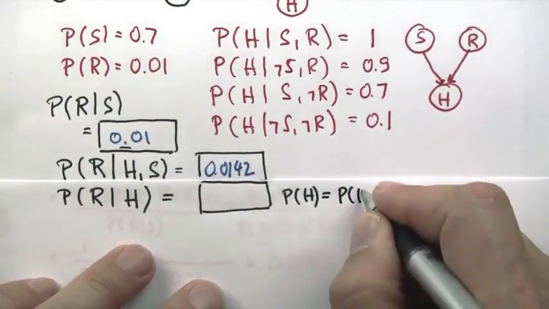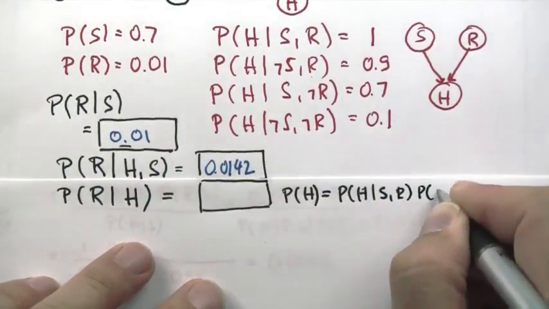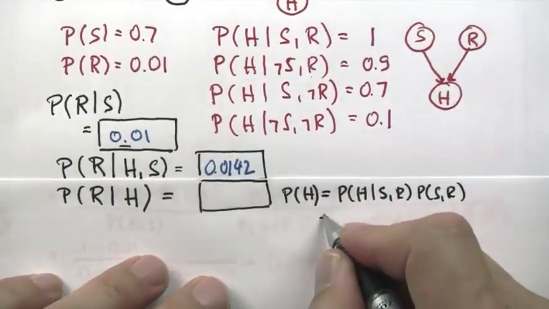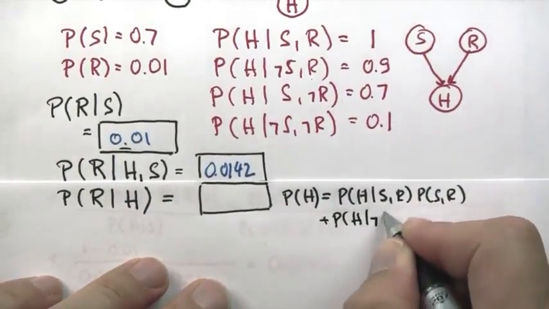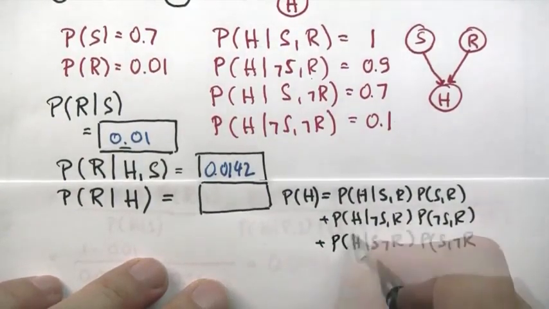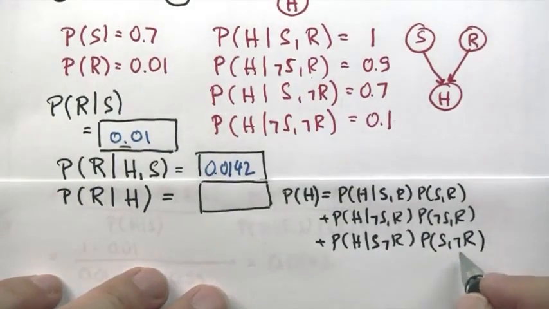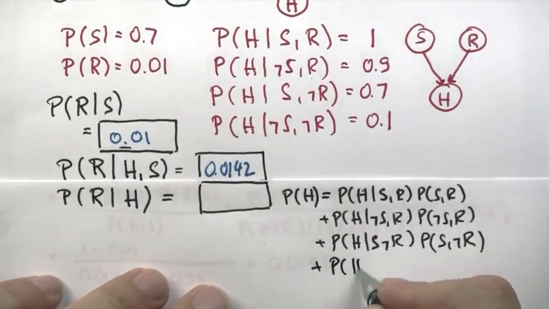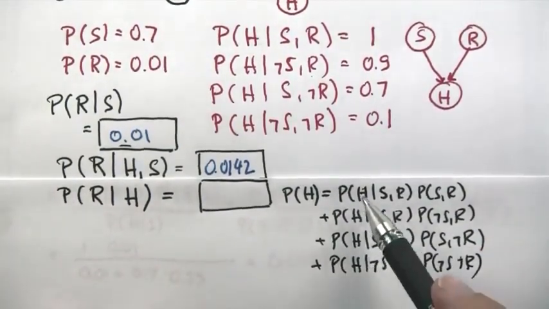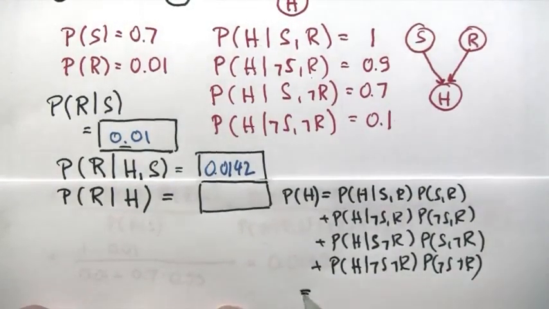P of happiness given S and R times P of S and R, which is of course the product of those two because they're independent, plus P of happiness given not S R, probability of not S R, plus P of H given S and not R times the prior probability of P of S and not R, plus the last case, P of H given not S and not R. So this just looks at the happiness under all four combinations of the variables that could lead to happiness. And you can plug those straight in.